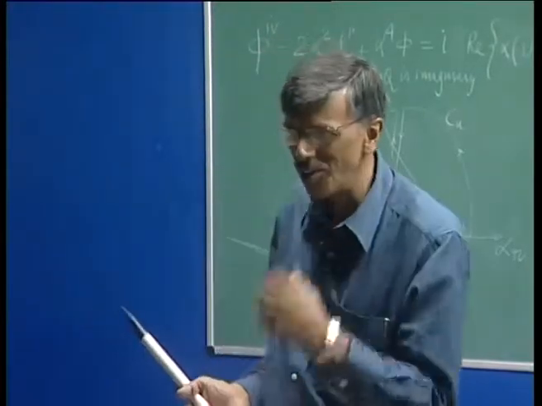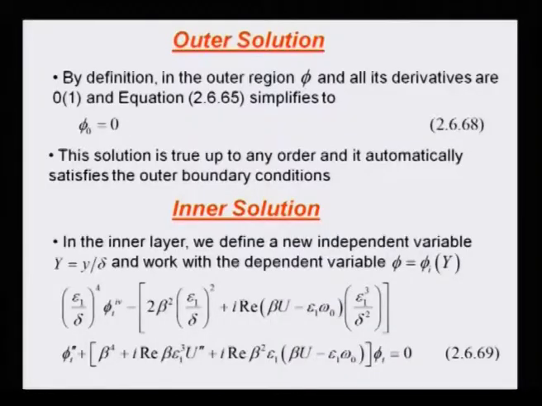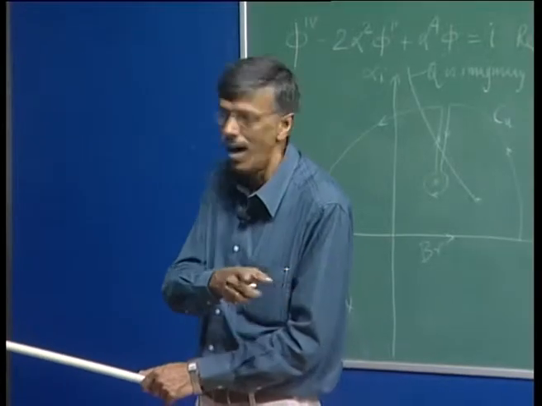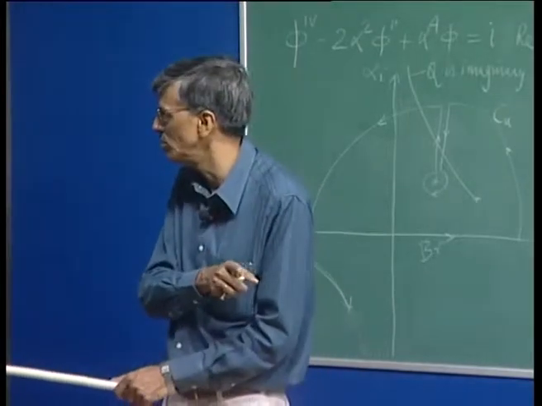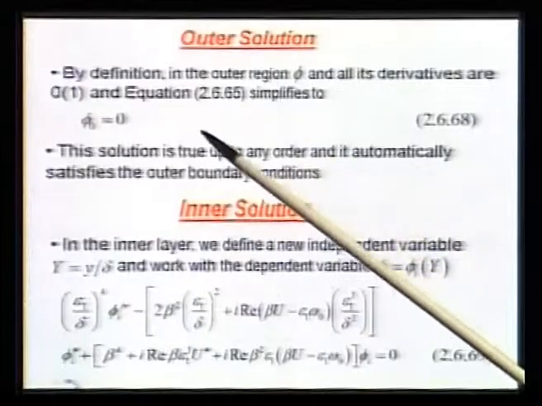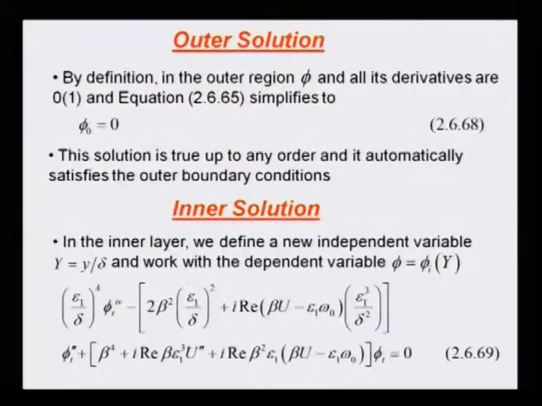Okay? So, this outer layer within the boundary layer should have the property that you allow epsilon 1 to go to 0. And if you do that in that equation that we have seen just now, I will make these transparencies available to you, so you can take a look. The only solution that survives is phi naught equal to 0.